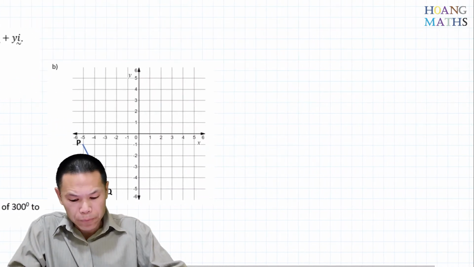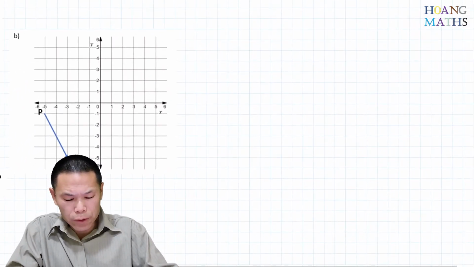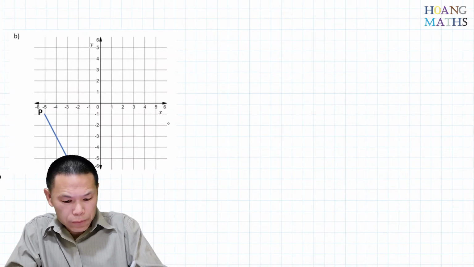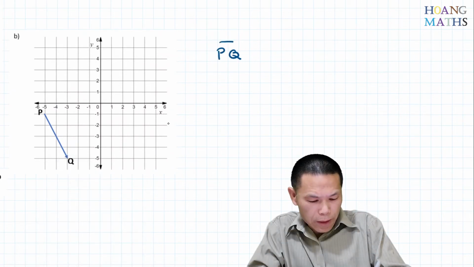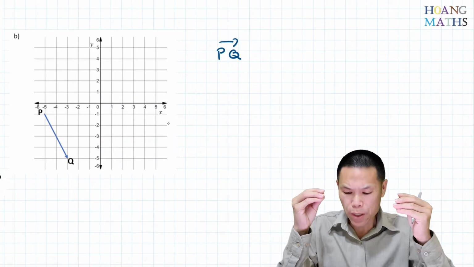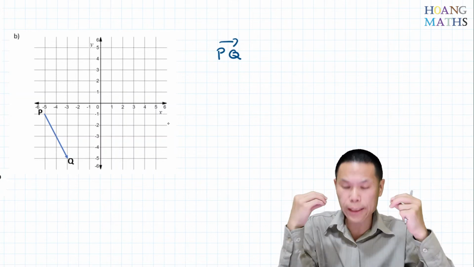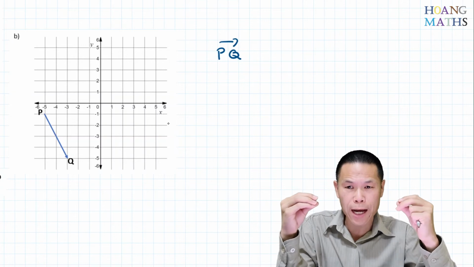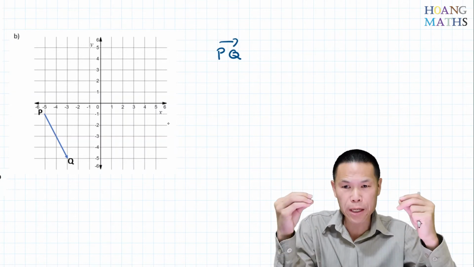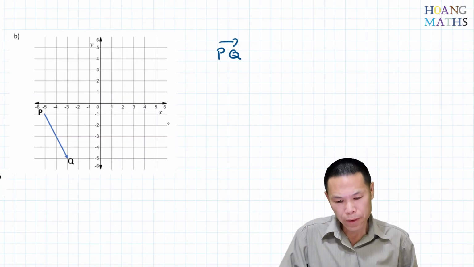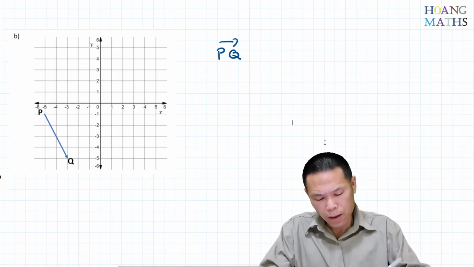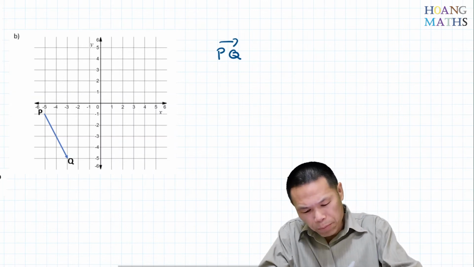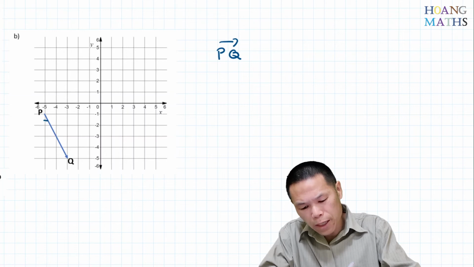Now part B. To express PQ in component form, we know that PQ is a displacement vector. So we need to draw a component vector that is equal to PQ. From P to Q, it goes down 1, 2, 3, 4 and across 2.